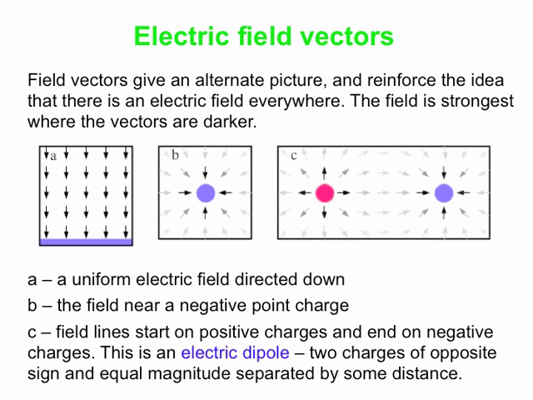That tells you it is a negative charge because the field goes in toward minus charges. And the darker the arrows are, in this case, the stronger the field. So the closer you get to the charge, the bigger the field gets. And C, similar thing. The closer you are to the positive charge, the bigger the field is. That's the darker arrows there. And the field goes away from the positive charge, and the field points toward the negative charge.